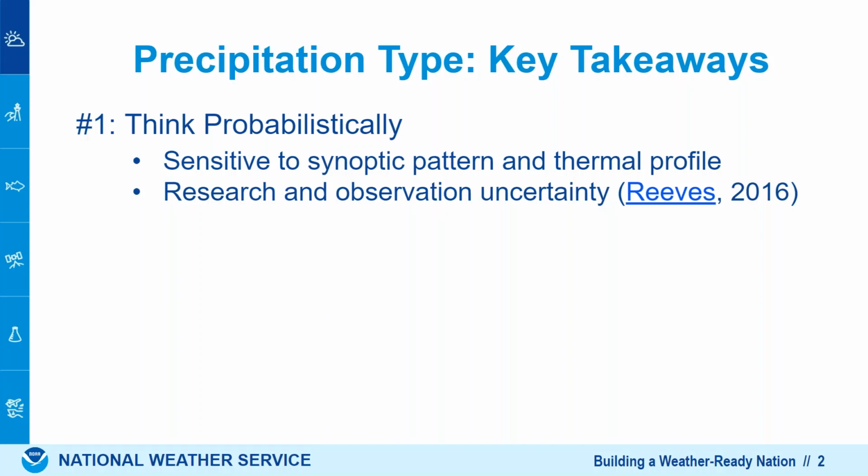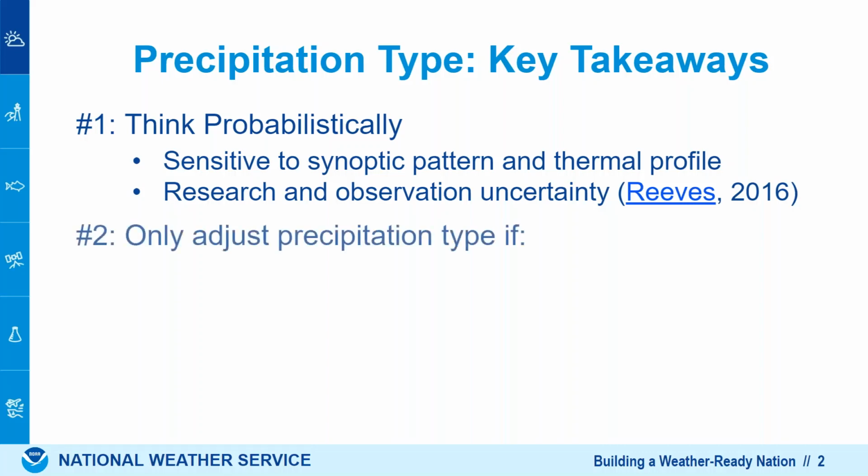If you look at some of the automated observations, they struggle sometimes, for example, with sleet. It'll sometimes come out as rain, sometimes it'll come out as unknown precip, just awareness. And there's a nice article by Heather Reeves from 2016 that details both the research and observation uncertainty.